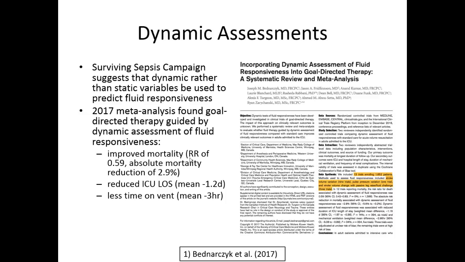The Surviving Sepsis campaign based its recommendation, I think, in large part on this meta-analysis and the literature that went into it, showing that goal-directed therapy using dynamic predictors of fluid responsiveness results in a relative risk of 60% for death. Also less time on the vent, less time in the ICU, and this is understandably related to giving fluid to people that need it and withholding fluid from people that aren't going to benefit from it.